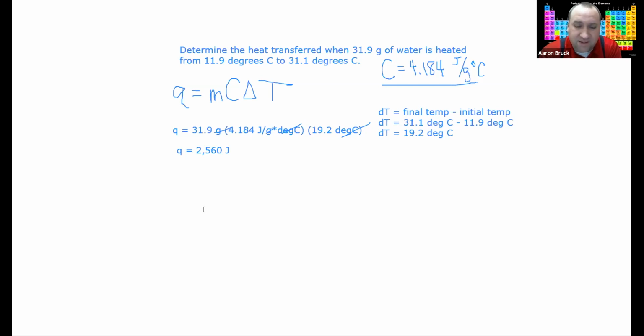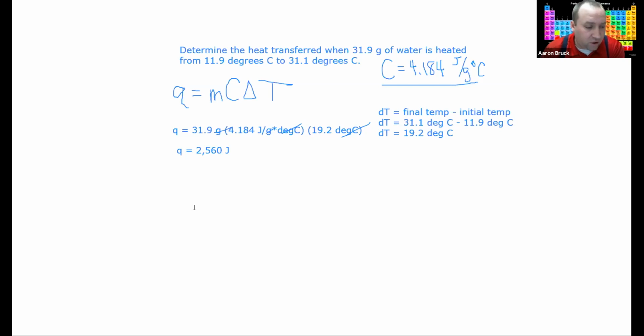Note also that this is a positive value, positive 2,560 joules, and that is because heat is entering the water. That energy is causing the water to increase in temperature. If our delta T value were negative, that would be because heat is leaving the water because it is dropping in temperature.